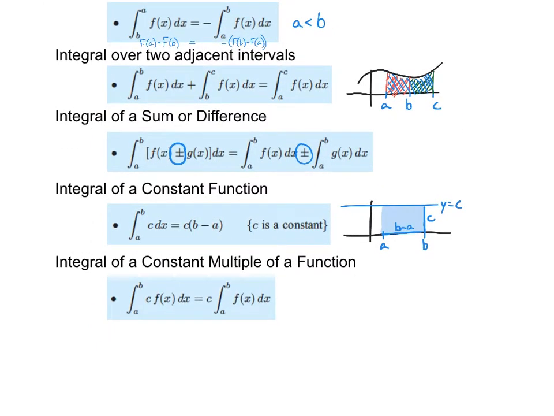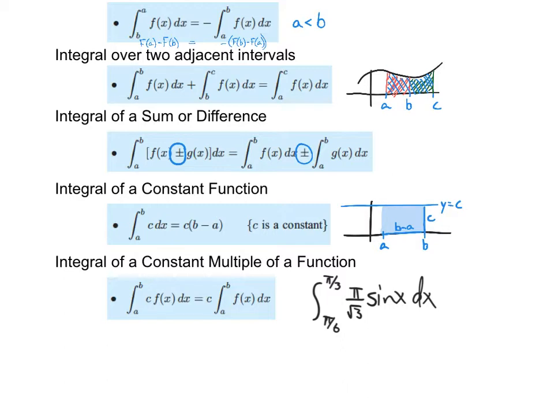For example, if I were doing the integral from pi over 6 to pi over 3 of, let's say, pi over root 3 sine of x dx. Well, that pi over root 3 is going to be kind of annoying to work with as we're doing this whole integration process.